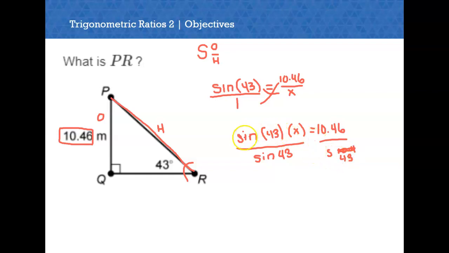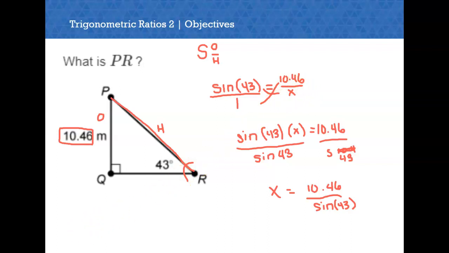Which would give me x is equal to 10.46 divided by sine 43. Or I could remember this wonderful rhyme that says, if x is up high, multiply. If x is below, divide. So since x is below, I know I'm going to divide.